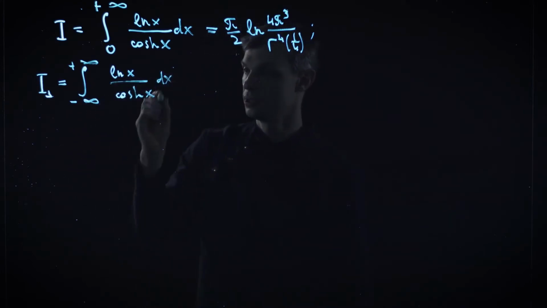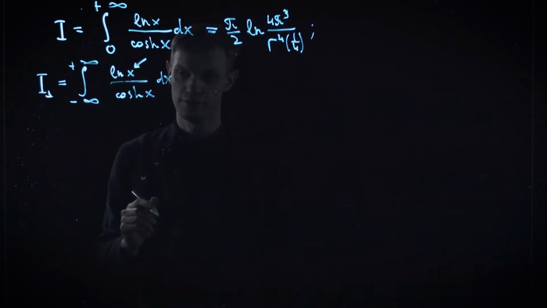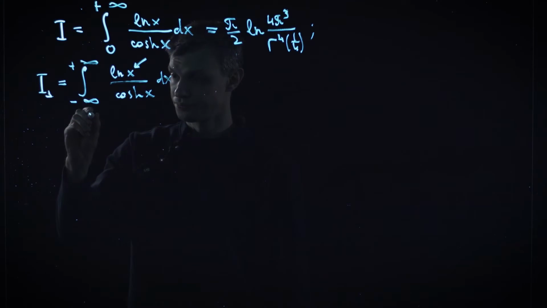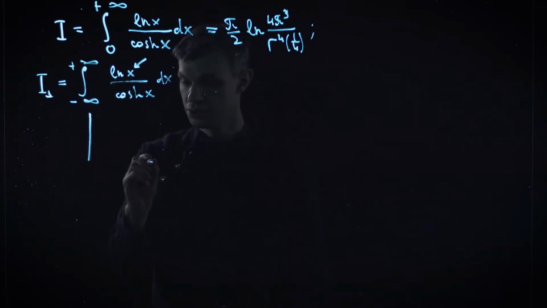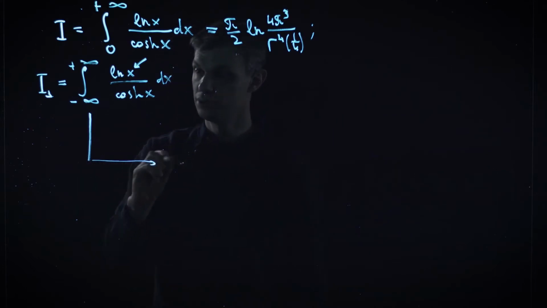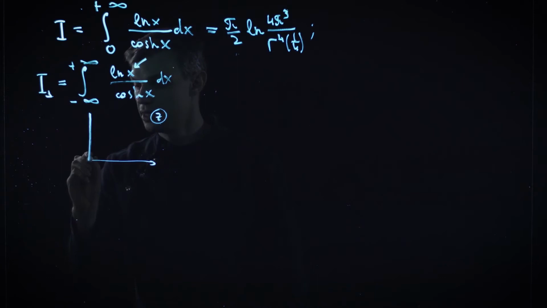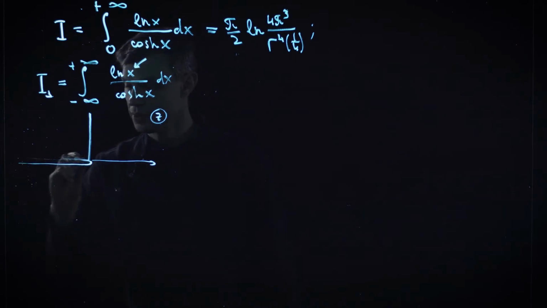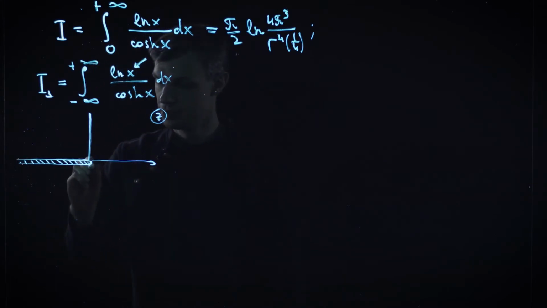We just need to specify which regular branch of the log function we use. And naturally, we understand this integral as the contour integral which runs above the corresponding branch cut, which defines the corresponding regular branch of our log function.